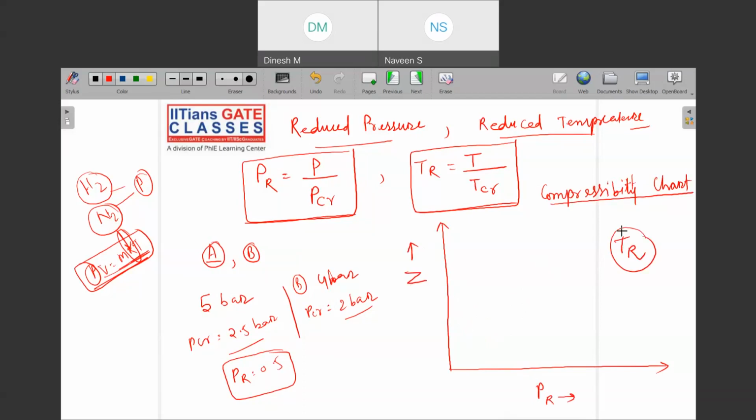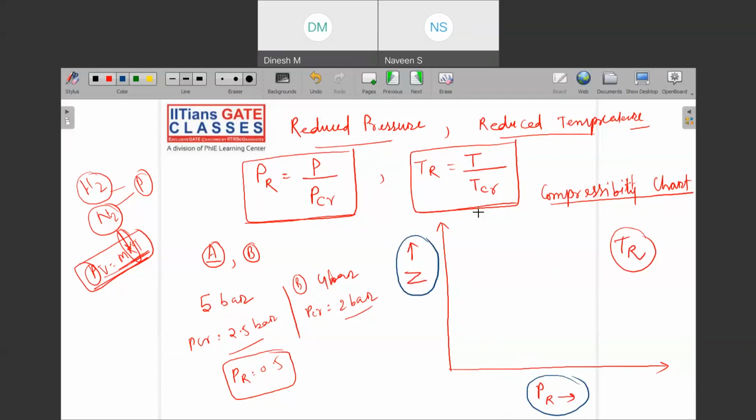Sometimes they would ask you on what axes it is drawn. One axis is compressibility factor and the second one is reduced pressure. Between these two we have drawn the compressibility chart.